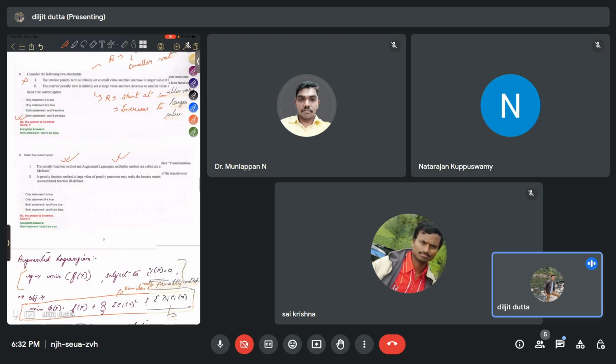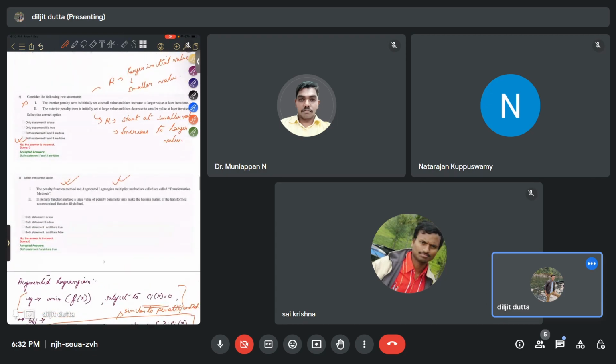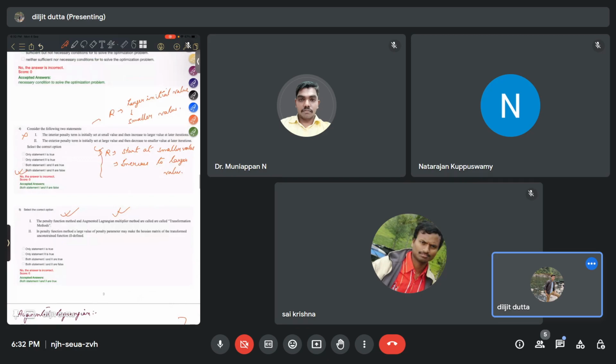For some problems in a penalty method, for an exterior kind of problem, we have to increase r to a very large value to get a very accurate solution, something like 10 to the power 30 or 10 to the power 100.